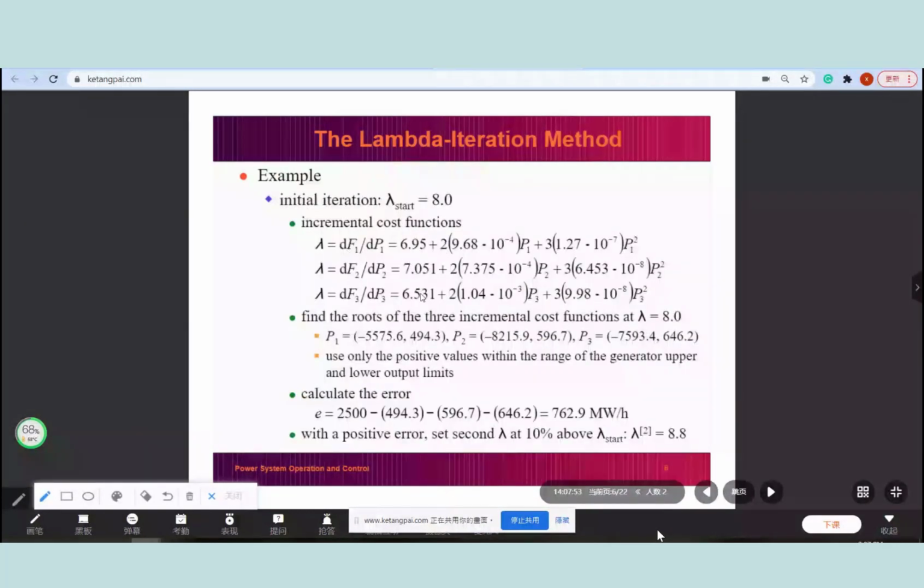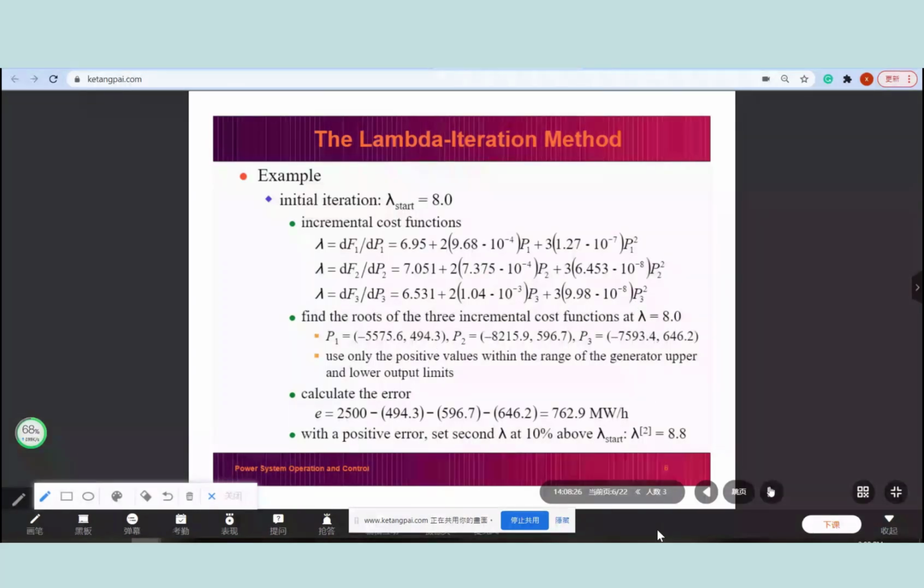To sum up, all these methods are based on derivative calculation, meaning that you have a convex input-output curve, and you can calculate the input-output relationship and their derivative. This is the common feature of these methods.